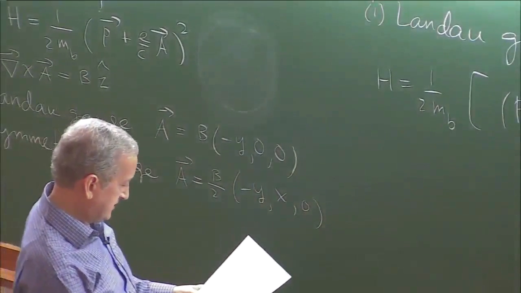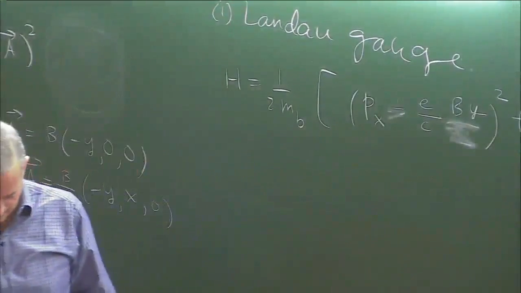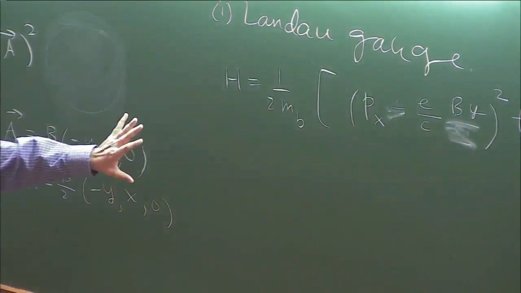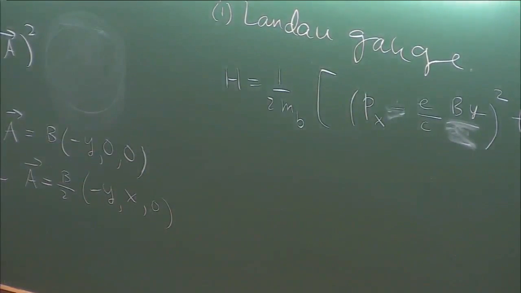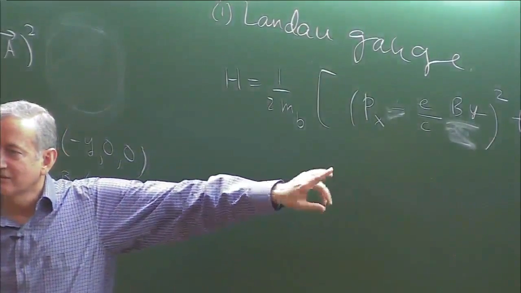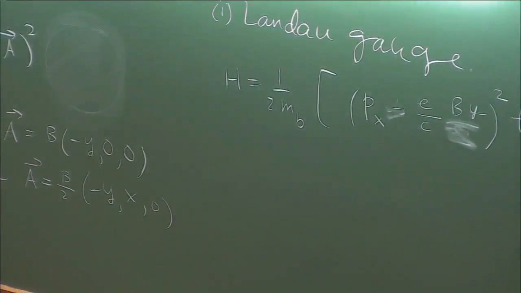I think I should not have the factor. Okay, so if you look at this, you realize that there is no x in this Hamiltonian. So this Hamiltonian commutes with Px.